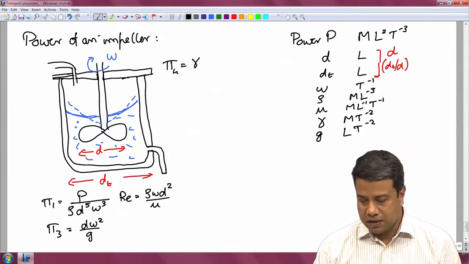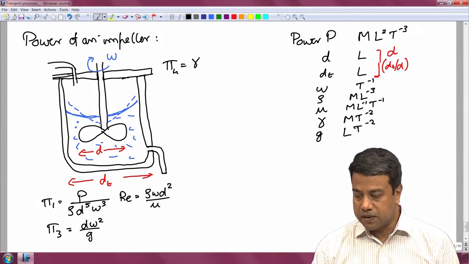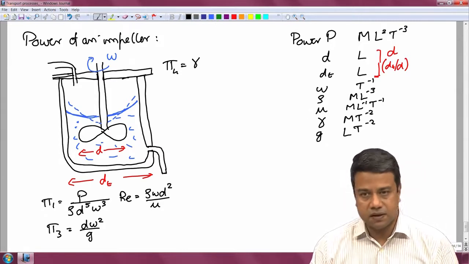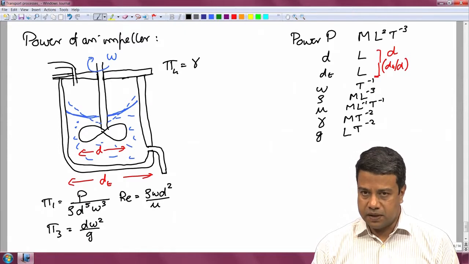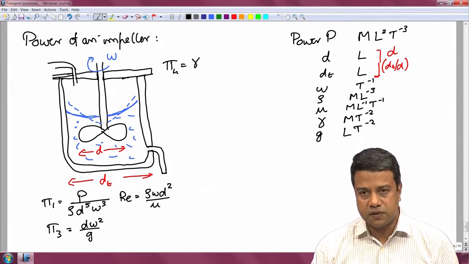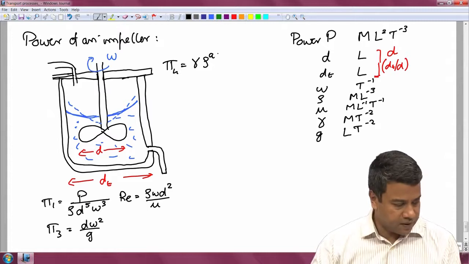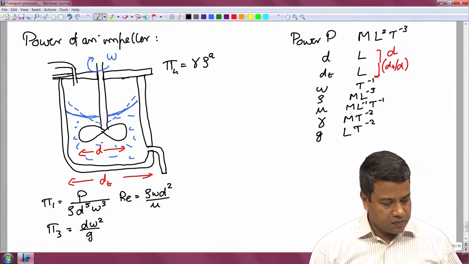Gamma has a mass dimension in it. That mass dimension has to be non-dimensionalized either by the viscosity or the density. We had initially postulated that inertial effects are more important, therefore, it should be appropriate to use the density rather than the viscosity.